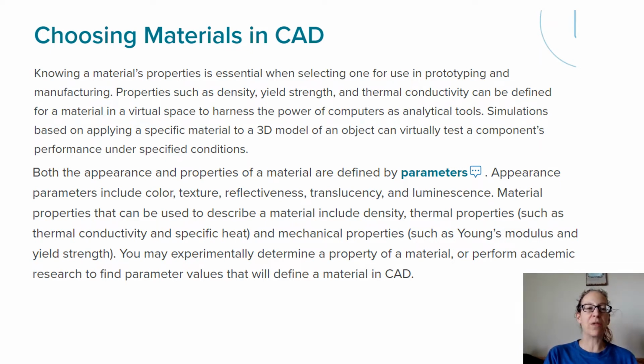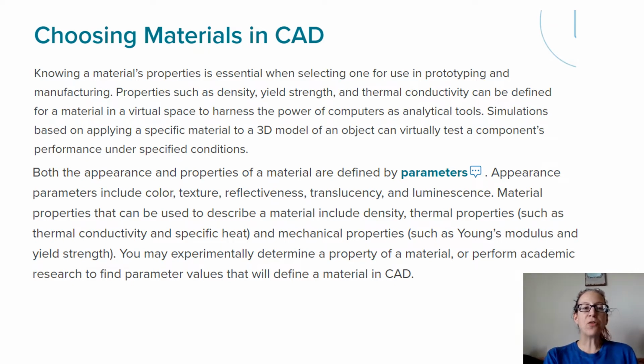Simulations based on applying a specific material to a 3D model of an object can virtually test a component's performance under specified conditions. So the idea here is, once you have an idea of what material you want your design to be made out of within Fusion, you can assign that material, and then you can have the computer perform specific tests on that to see, in theory, or at least in the simulation, how well that material will hold up.